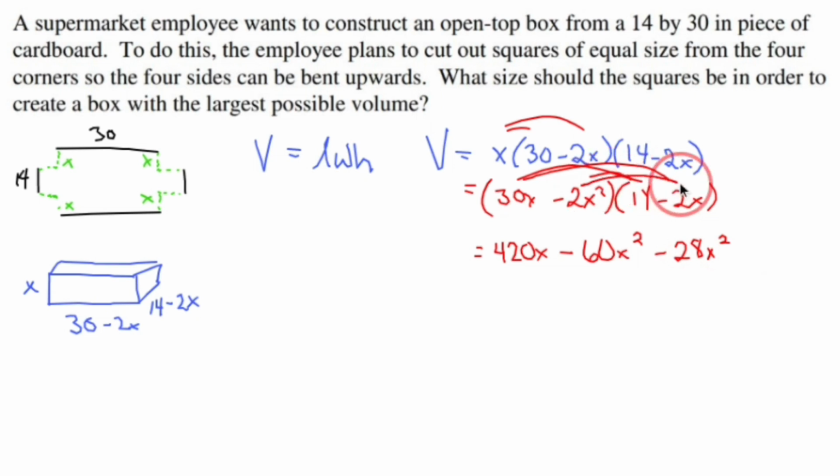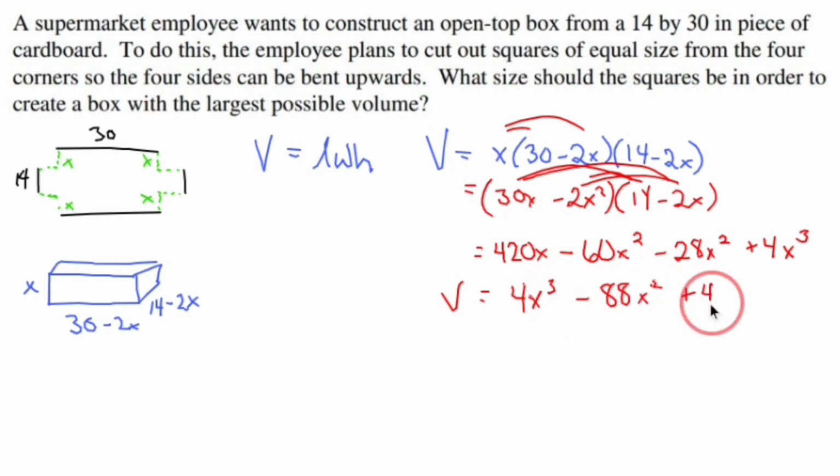And then negative 2x squared times negative 2x is positive 4x to the third. Let's combine like terms, put this all in standard form. We've got ourselves 4x cubed, negative 88x squared, and positive 420x.